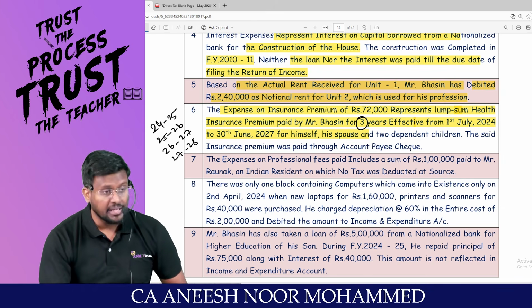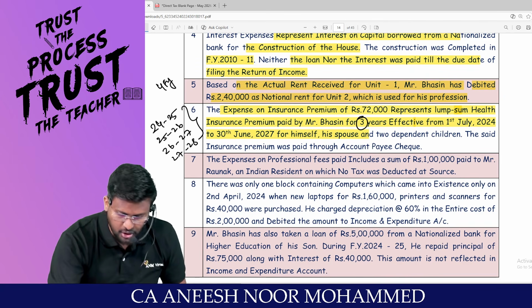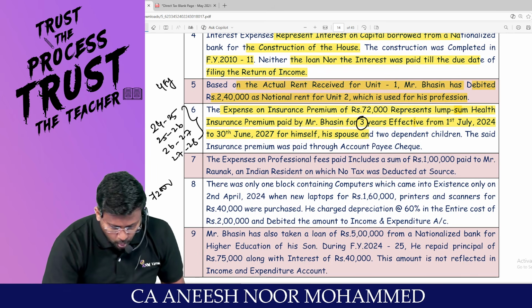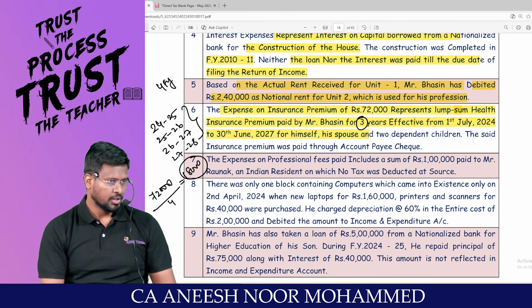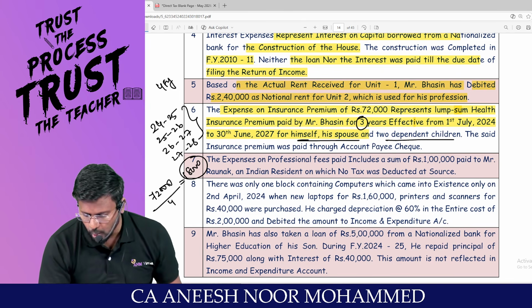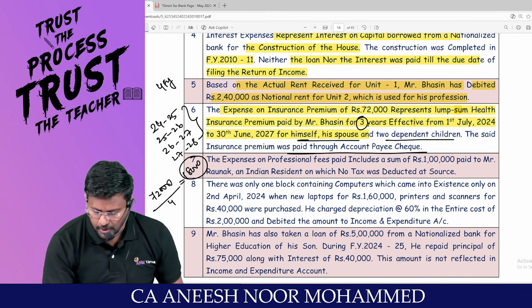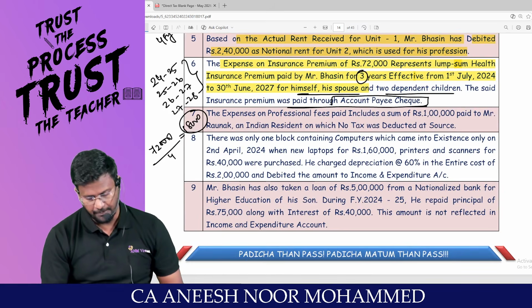Even though the premium is effective for 3 years, it is spreading over 4 financial years. That means 72,000 divided by 4, 18,000 is the attributable expense per year. So you can claim 80D for that, for himself, his spouse and 2 dependent children. If the said insurance premium was paid through account payee cheque, then you can enjoy deduction under 80D.